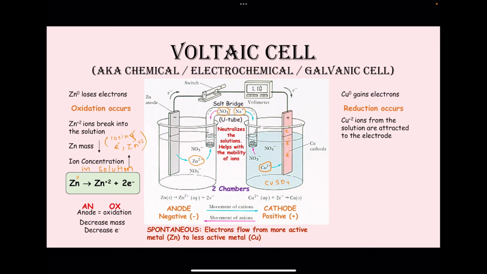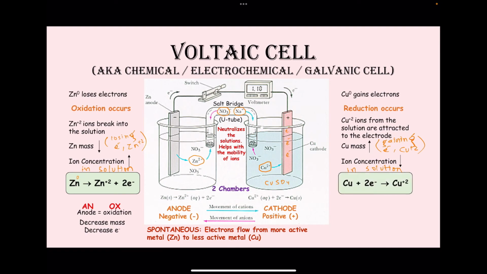So eventually the mass of the electrode is going to increase, because remember, this one is gaining both the electrons and it's also gaining the copper ions from the solution. The ion concentration in the solution, however, eventually is going to decrease because we are attracting the copper ions from the solution.